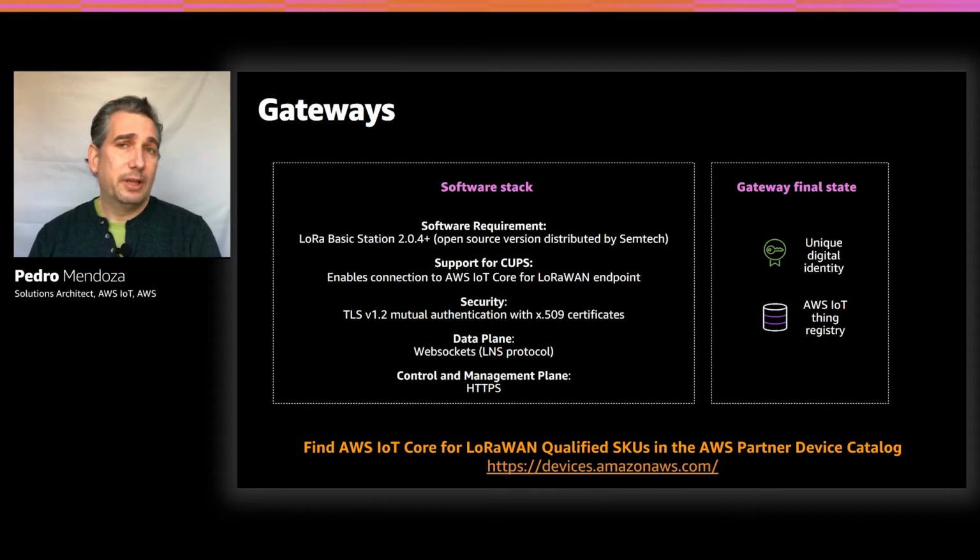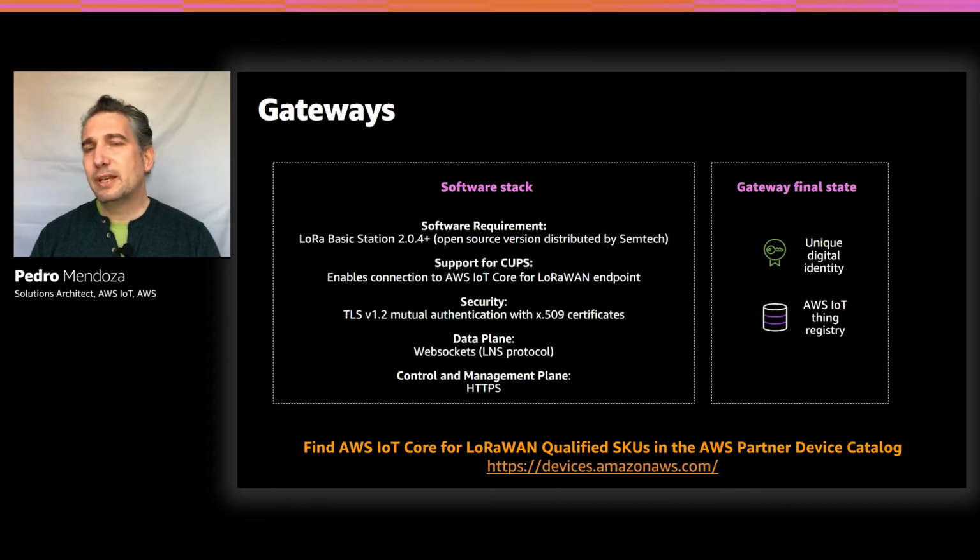It will implement this mutual authentication based on X.509 certificates. In terms of protocols, for the data plane, it will use secure WebSockets and will use HTTPS for the management and configuration connectivity with the CUPS component in the LoRaWAN network server.